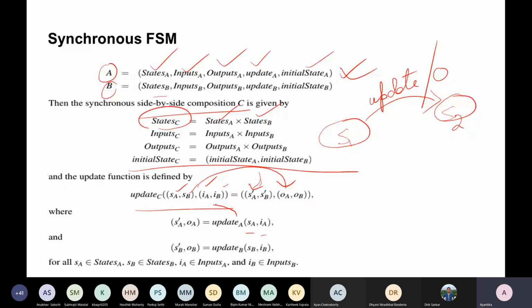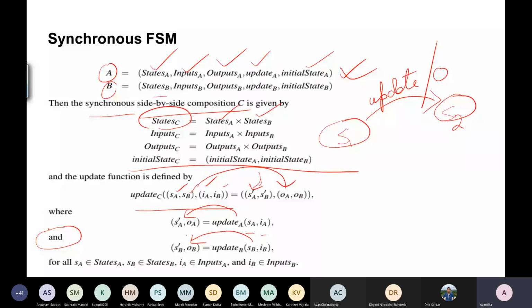We are getting some output state and output related to state A. Similarly, we are getting, on applying the related transition conditions on SB and IB, a transition SB dash and OB. Okay. That means the main idea is, whenever we are thinking about synchronous side-by-side composition, this is again AND composition.